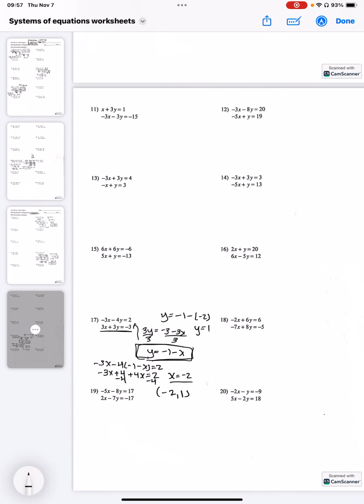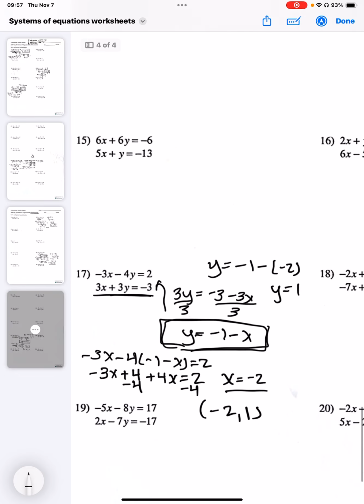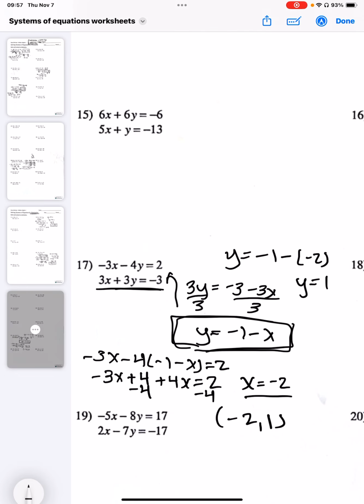Okay. This is both the worksheets. For every single worksheet and every single problem, you can also plug your answer back into the equation, plug it back into a different equation to test whether it's true. So, for instance, I'll do it for this particular problem. If I get negative 2, 1 as my answer, I can plug it back into one of my original equations to see if it works.